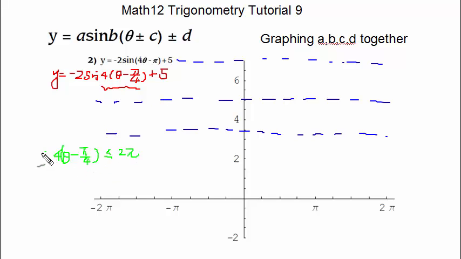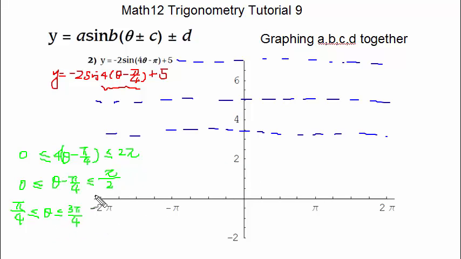That means 0 less than theta minus pi over 4 less than, this is half pi, 2 pi divided by 4, right? And then on this side we add pi over 4 to this side, and then theta, and 2 pi over 4, pi over 2 plus pi over 4 equal to 3 pi over 4.